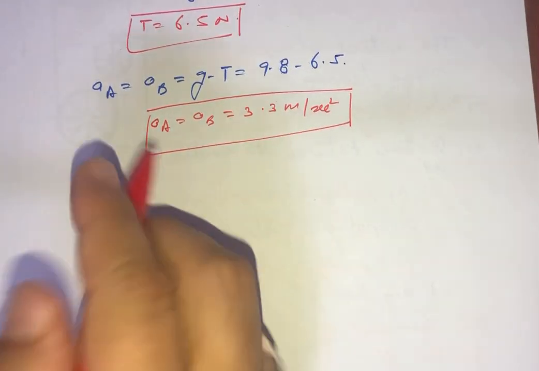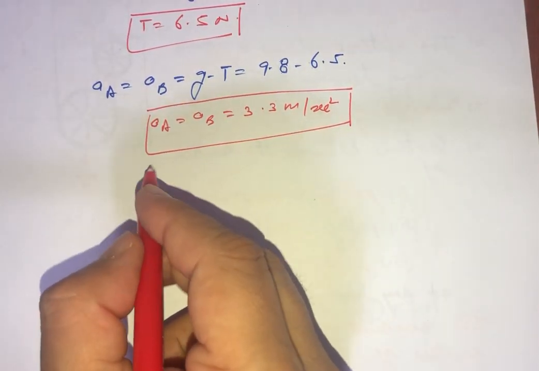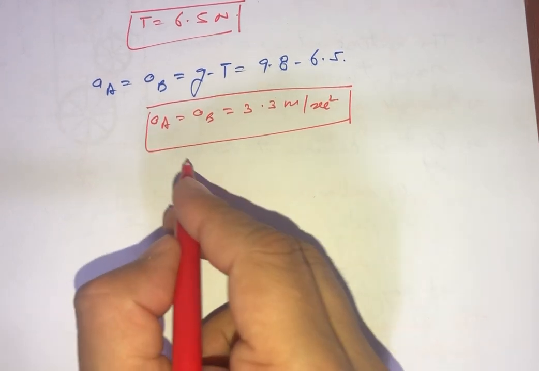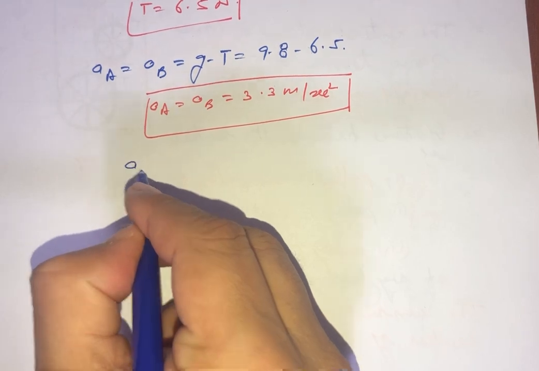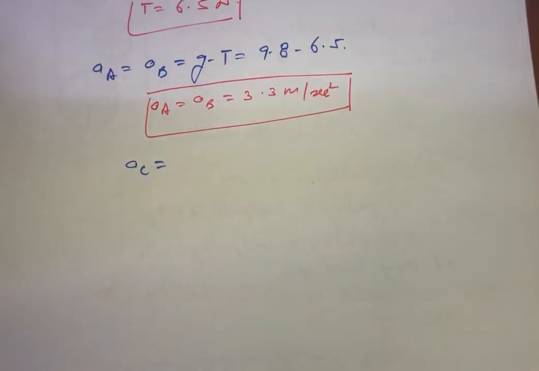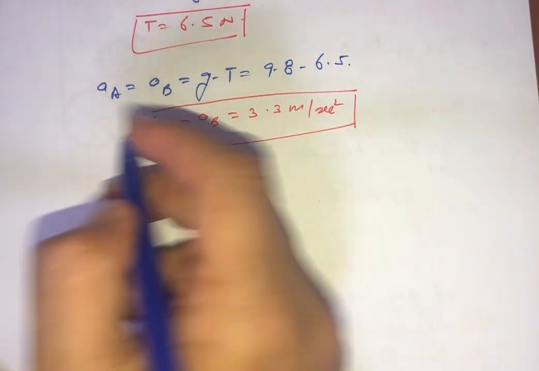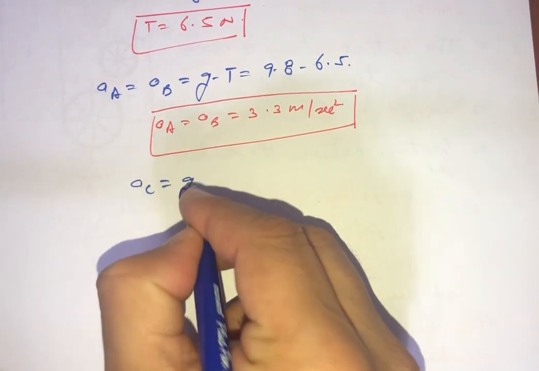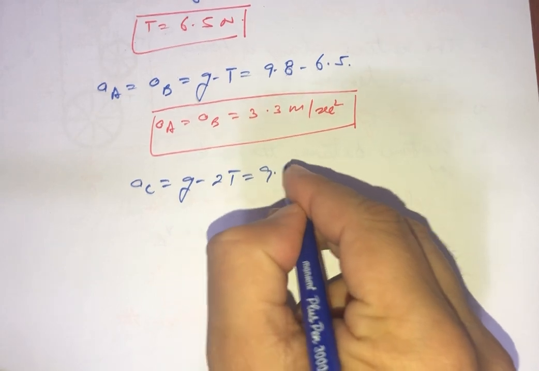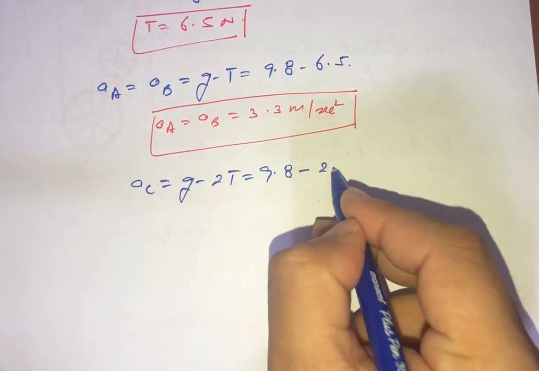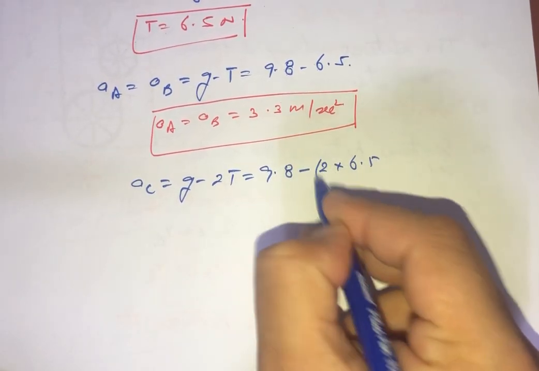And lastly we are going to find out acceleration of C. Acceleration of C is given as g minus 2T, and we have g as 9.8 minus 2 into 6.5.